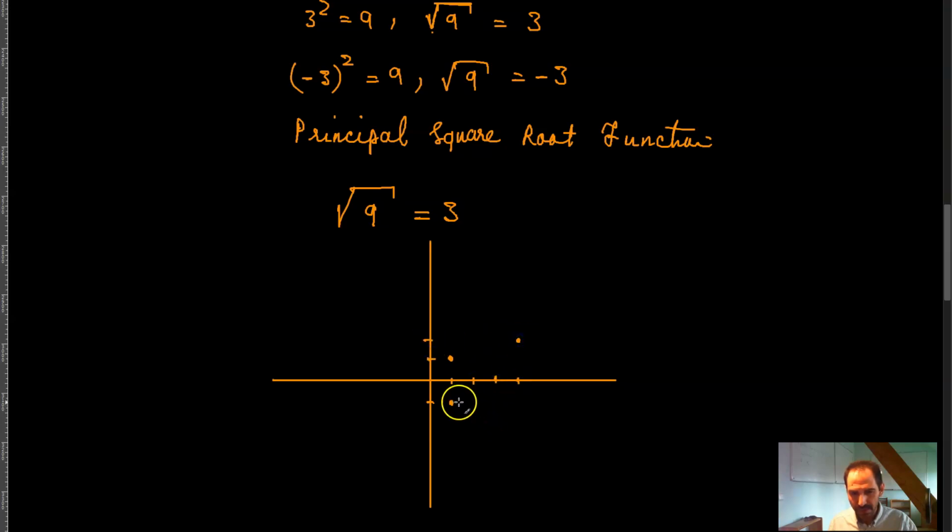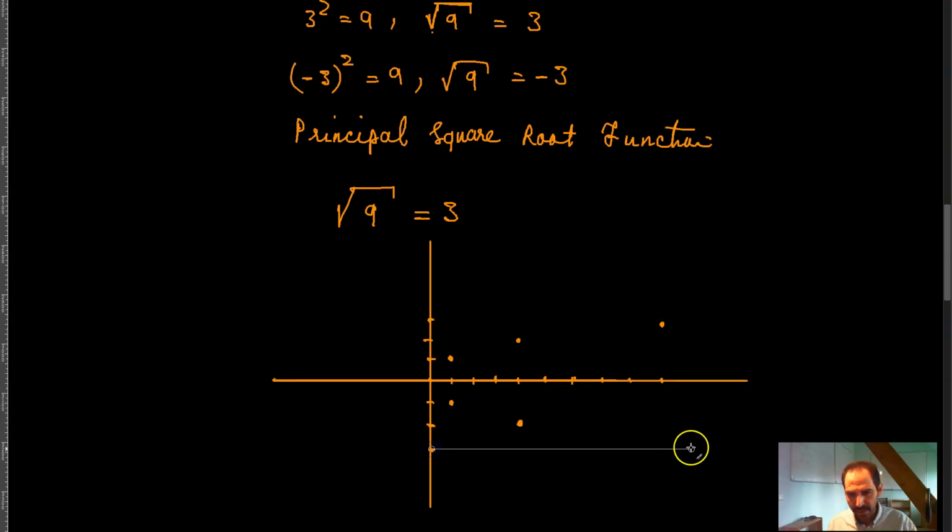The square root of 0 is going to be 0, and then the square root of 9, 1, 2, 3, so you have a 3 over here as well. So the square root of 9 is going to give you a 3, which is this number over here.